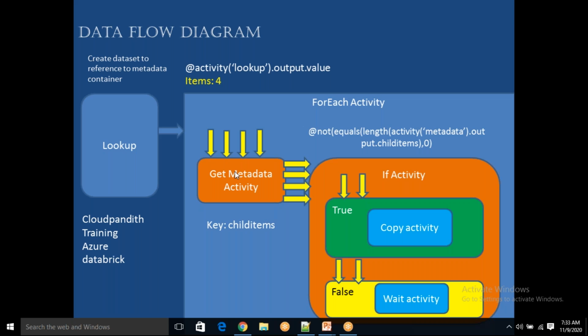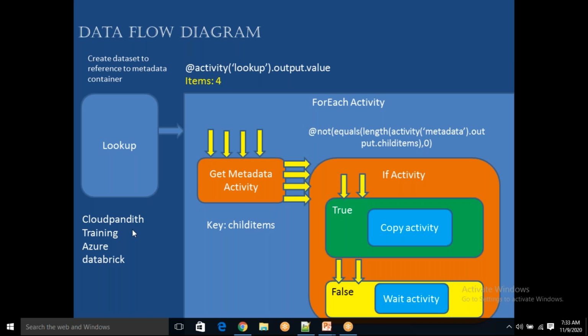You need to reference your get metadata activity dataset to the Cloud Pandit container. It is nothing but a folder. The field list is child items, meaning if the folder has any files, it will give you those files, otherwise it will give 0. It is not going to give any files.